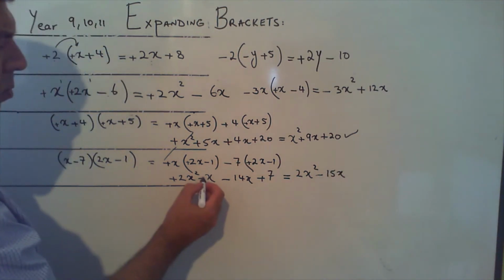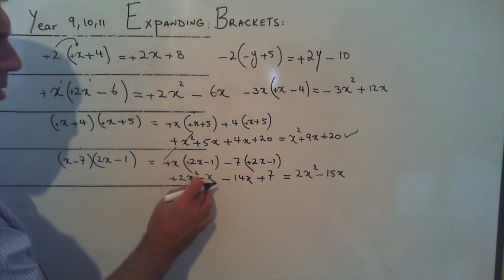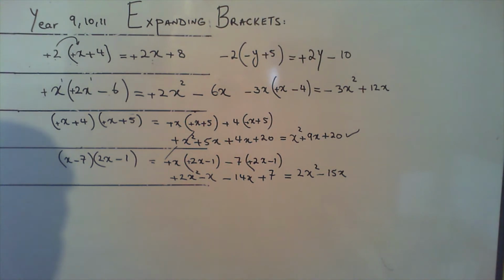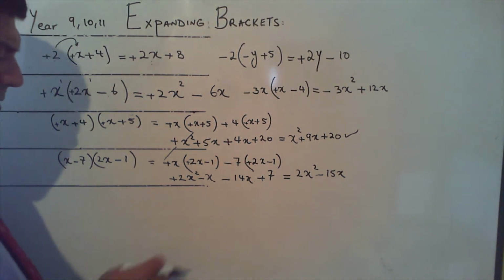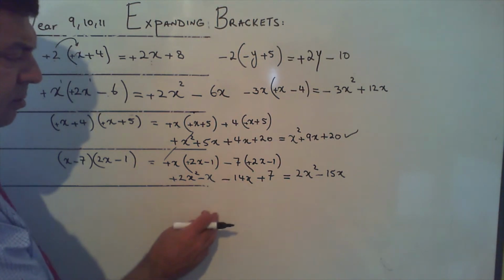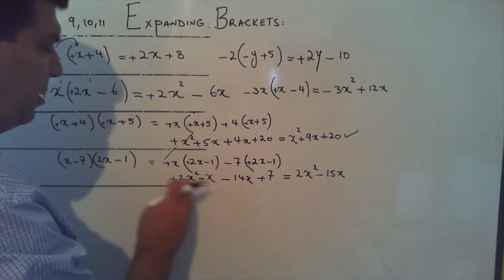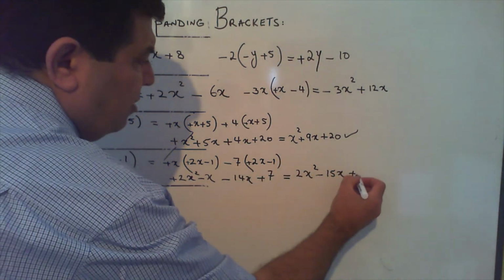This carries a 1 in here. Minus 14 minus 1 is minus 15x. So the same sign rule in sign rules. I'll have a video about sign rules just in case you're not familiar with it. You have to be very proficient in this area. When you have same signs, we keep the sign and add numbers. The last one, 7, there's no other number, so the answer will be plus 7.